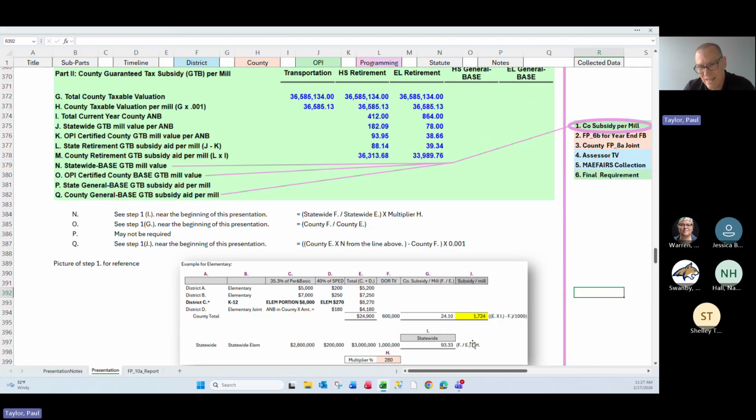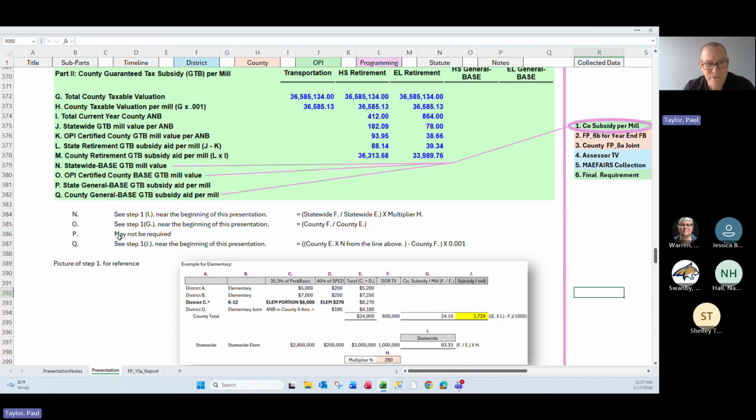That would be this value up here for elementary and high. This is the county calculation. This is that F divided by E. And so that's going to be this guy right here.